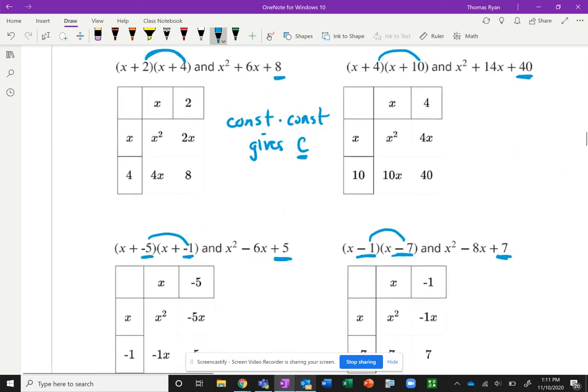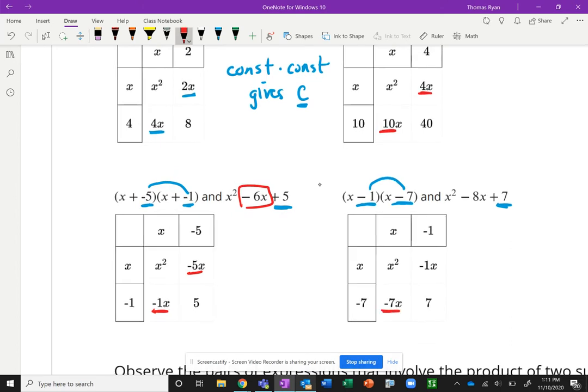Well, hopefully what we're noticing is that 2 times x gives us 2x, 4 times x gives us 4x. In total, we have 6x. 4x, 10x, 14. -5, -1, -6, and -7, -1, -8.